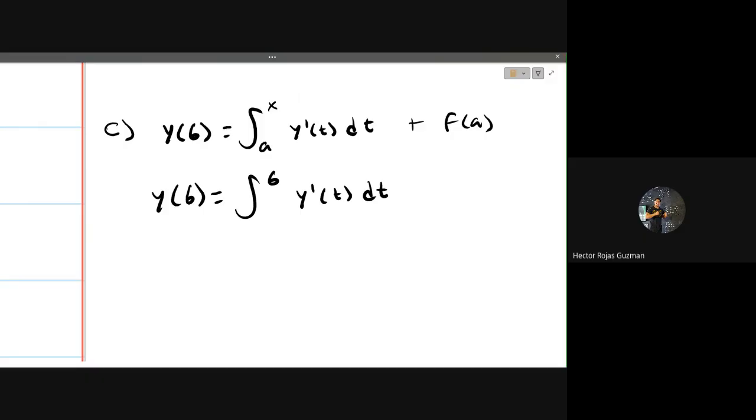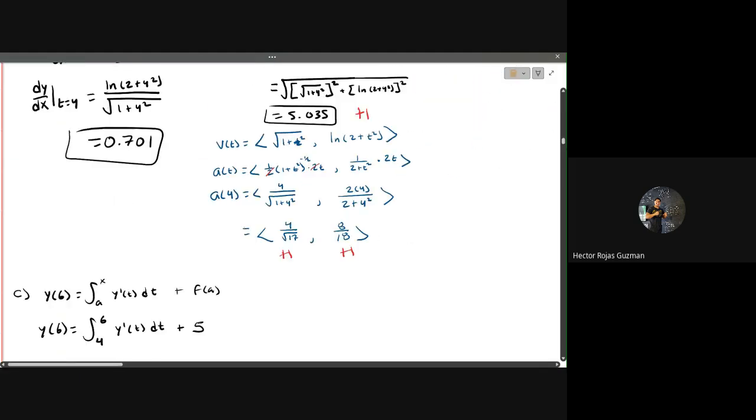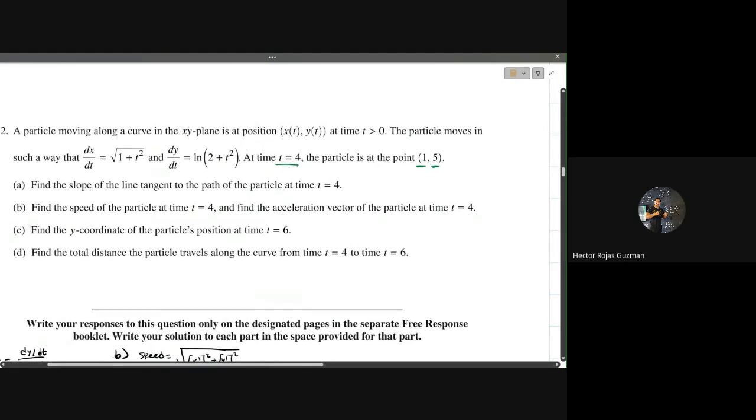Is it 4? Can you start at 4? When t is equal to 4, the y component is located at 5, because it was up here in green.